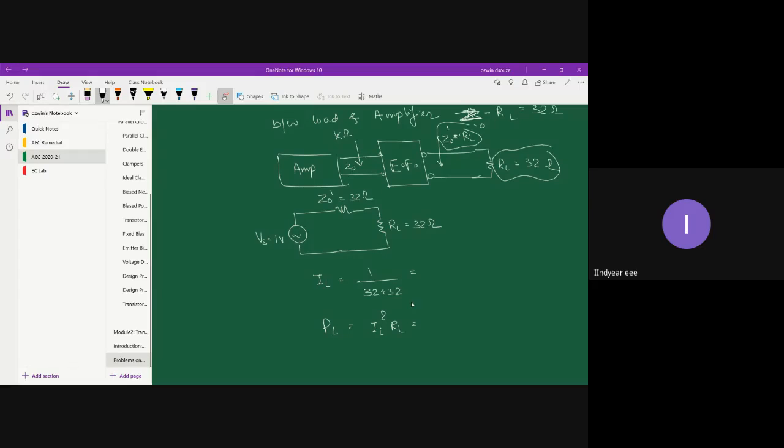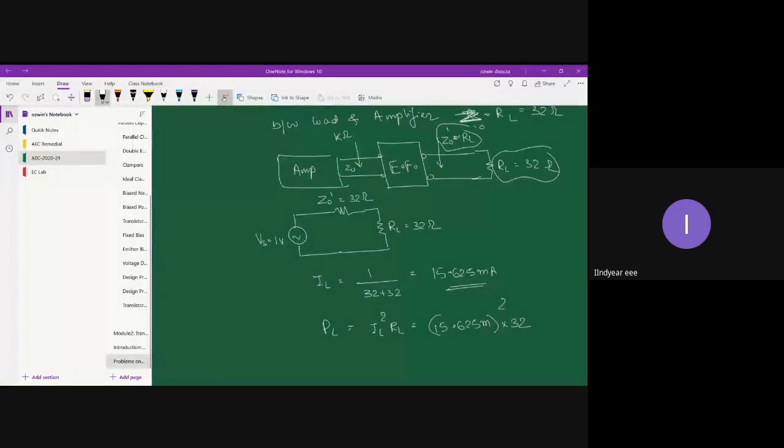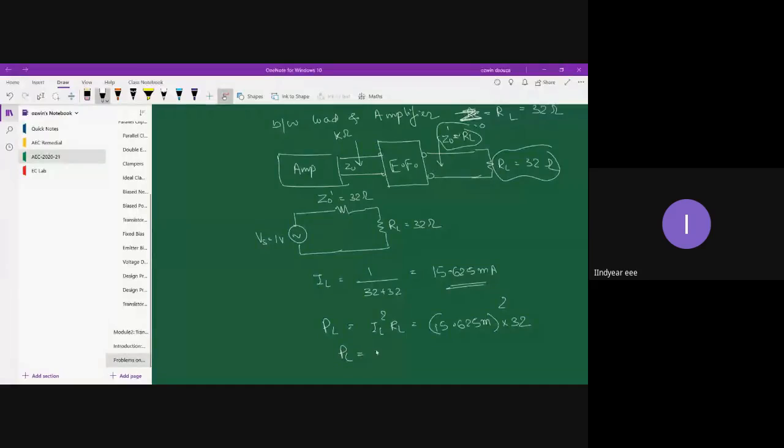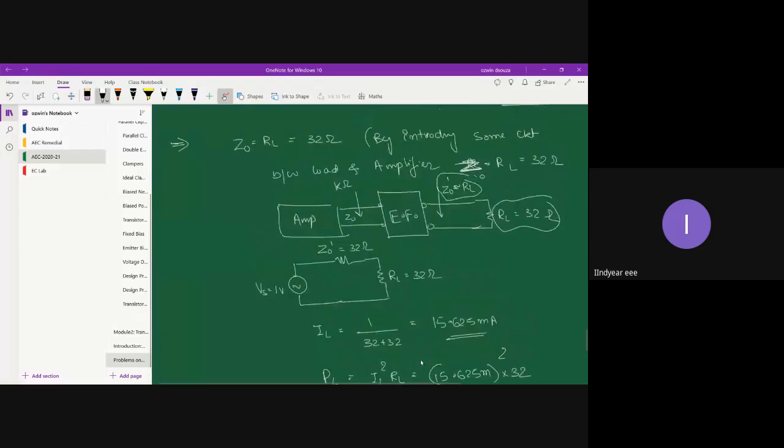It is 15.625 milli, and IL square into RL is 15.625 milli into load resistor 32. So that gives the power PL equal to 7.81 milliwatts.